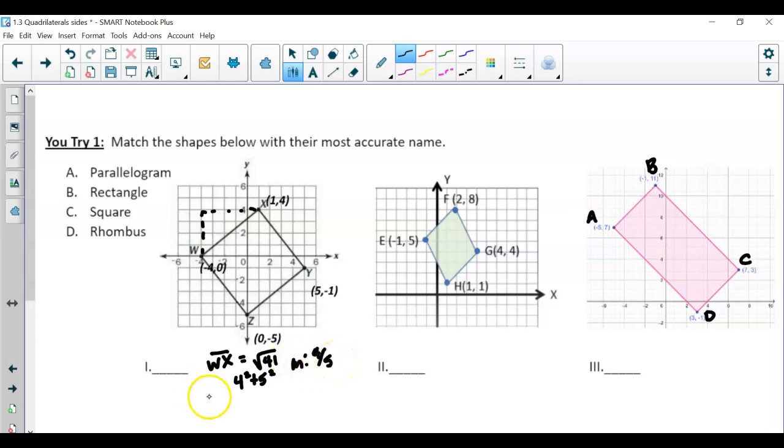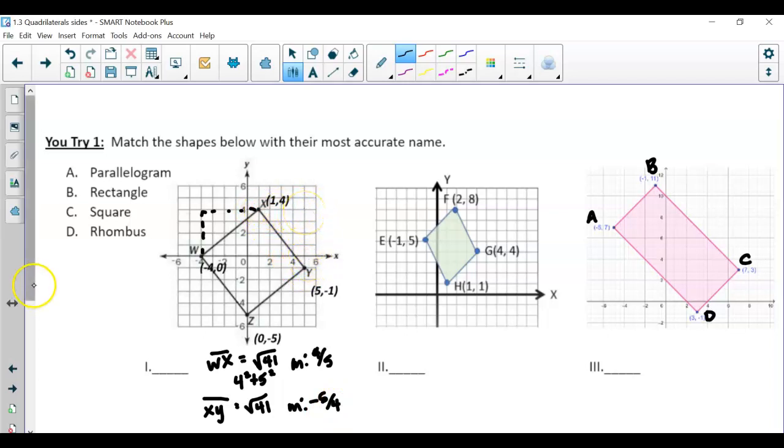Then as you kept going, the side XY you should have also noticed was the same, 4, 5. So the square root of 41, but now you should have gotten a slope of -5/4 because now you're going down and the rise is 5/4.